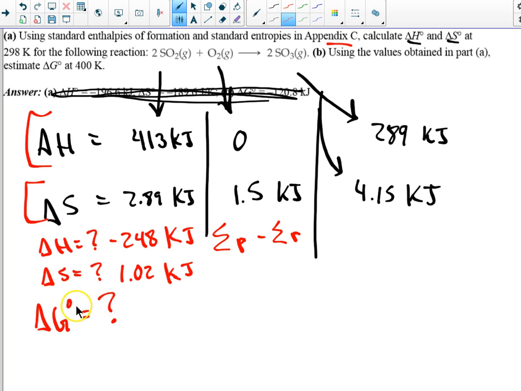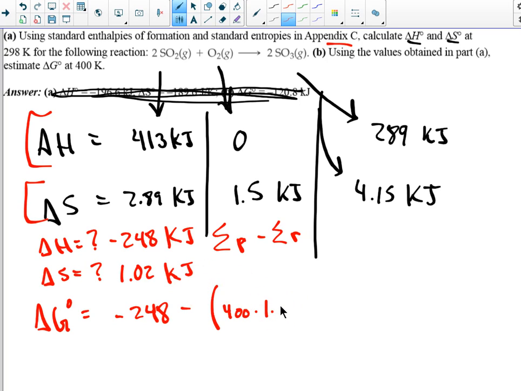Now, delta G, if you remember, the way we calculate it is delta H, negative 248, minus temperature, which is 400, and that is multiplied by delta S, which was 1.02.